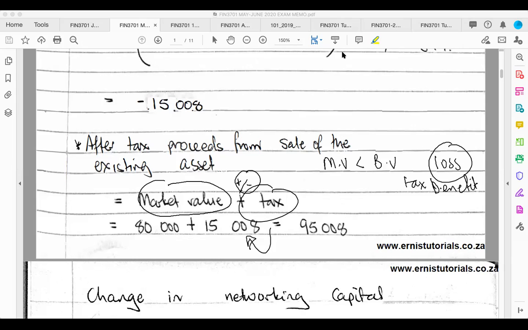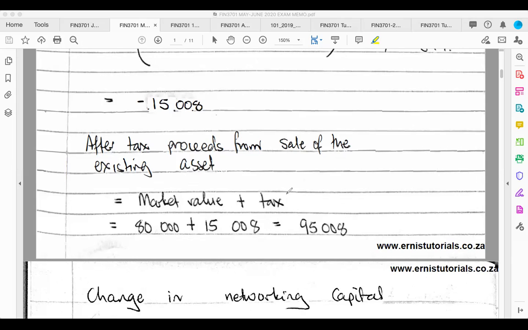However, if the market value is more than the book value, it means we are selling the asset at a profit. So we would then subtract tax. We would have a tax expense. So in this case, we haven't been given the book value.